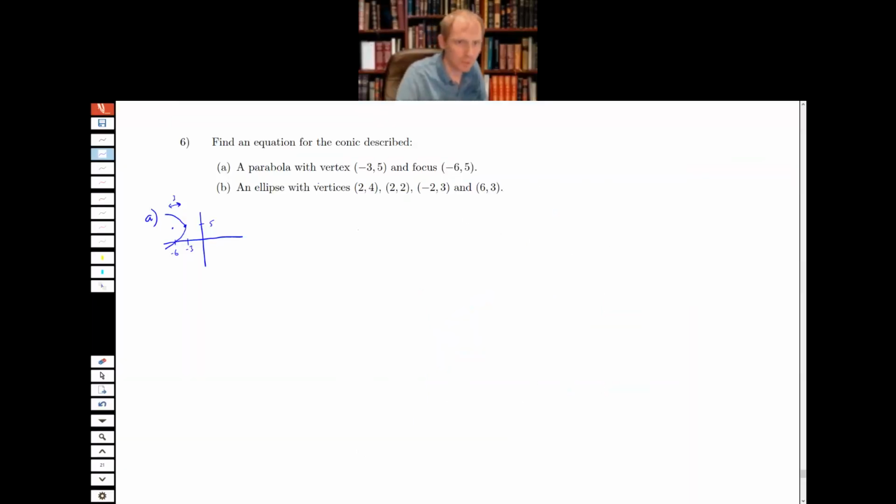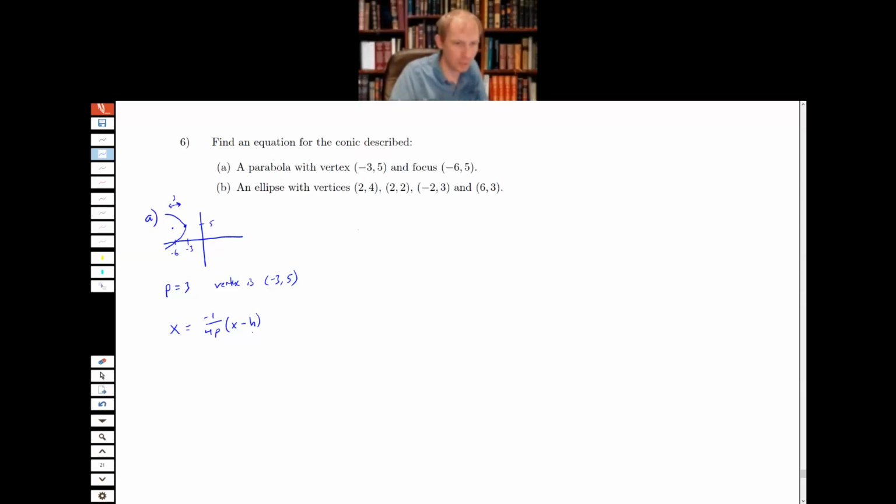So we have that p is equal to 3, and the vertex is (-3, 5). I'm going to use my general formula, -1 over 4p times (x minus, sorry, I was writing this as the original standard.